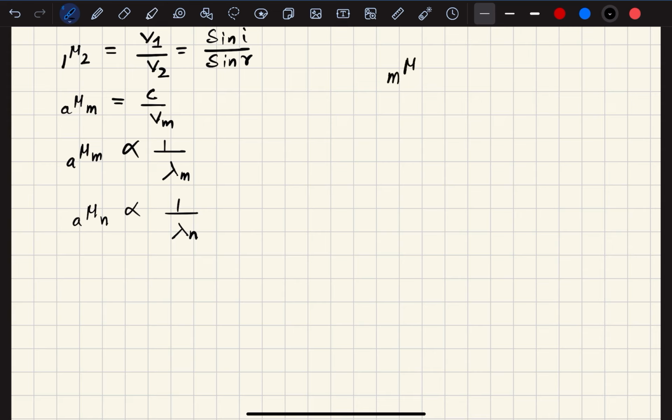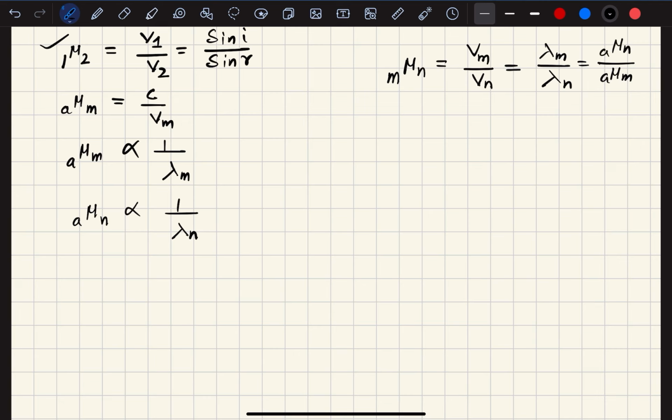I go by the first principle, that is 1μ2 is v1 by v2, so this will be vm by vn. And vm by vn, I know there is no change in frequency, so this will be lambda m by lambda n. Correct? And how can we relate this right now? See, aμm is inversely proportional to lambda m. So if lambda m is in the numerator, aμm will be in the denominator, and aμn will be in the numerator. Just the opposite.